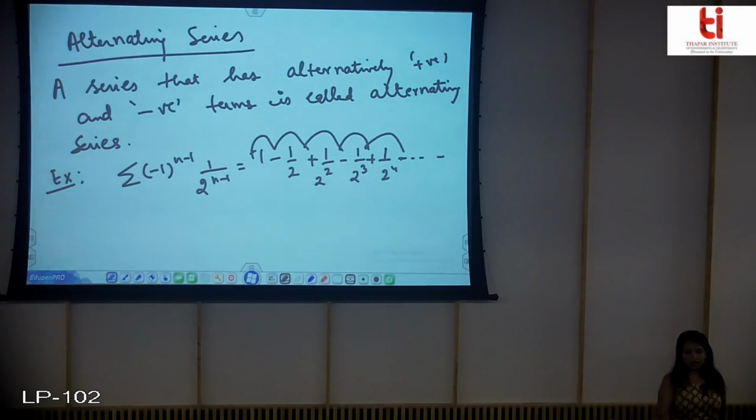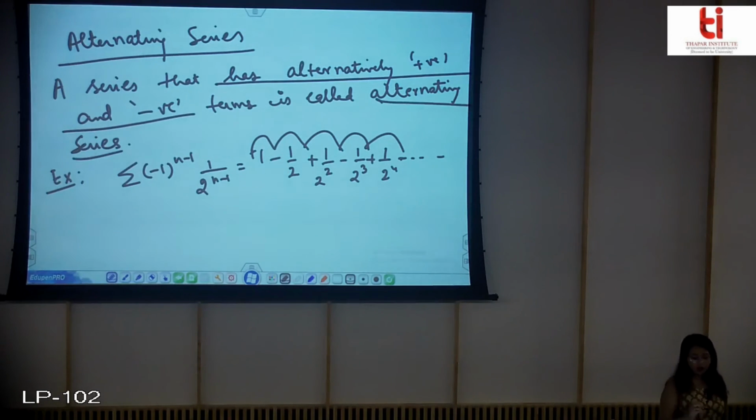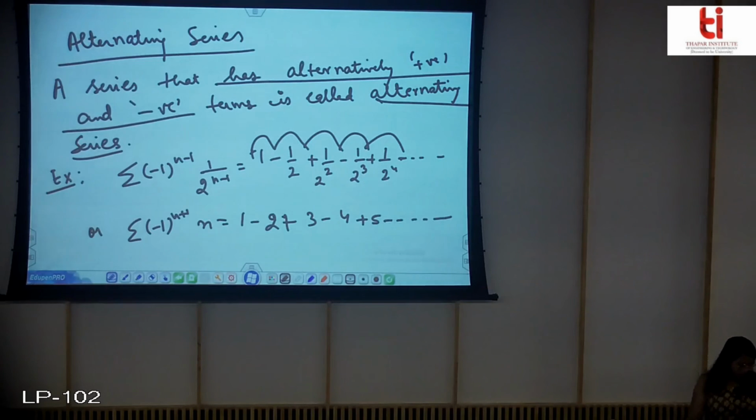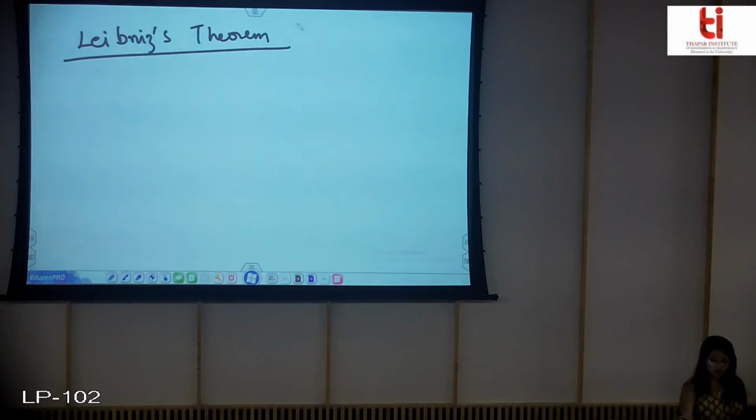So now we are going to talk about the convergence and divergence of this type of series. You can take another example of this. Again you can see that this is an alternating series because you have alternating signs, positive, negative, and so on.